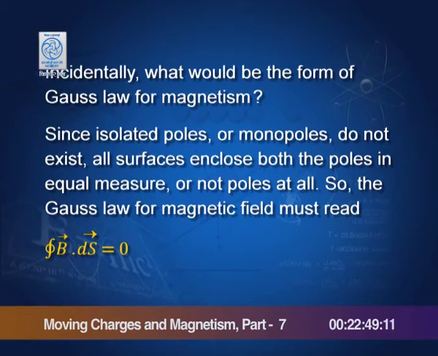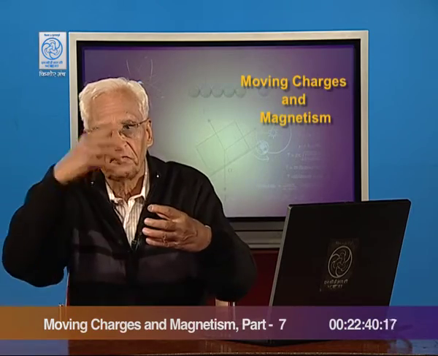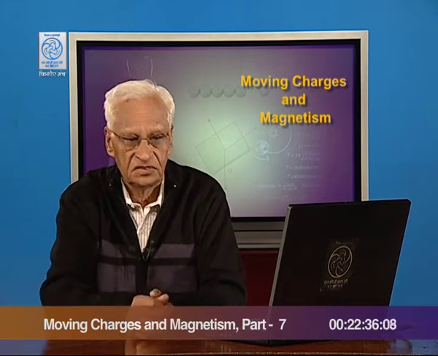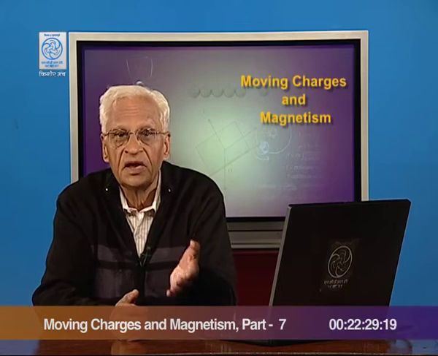So, therefore, the right hand side is 0 and the integral of B dot dS is equal to 0. That means the number of lines of force entering a surface is equal to the number of lines of force leaving the surface. It also means that magnetic field lines form closed loops which have no beginning and no end.